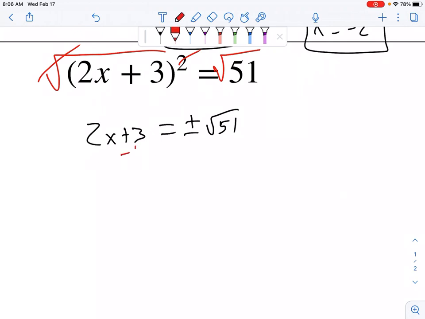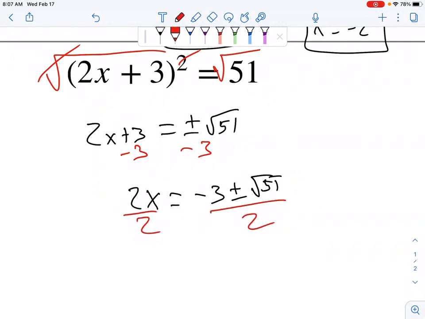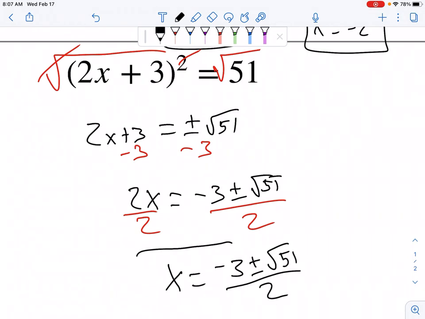And then we are subtracting 3. So 2x equals negative 3 plus or minus square root 51. And then we're dividing by 2. So x equals negative 3 plus or minus square root 51 over 2. Again, square root 51 is an actual value. We're just not calculating it. We're just leaving it how it is.